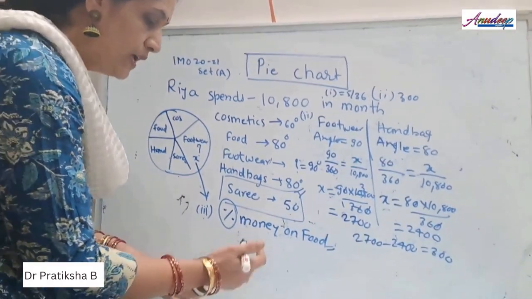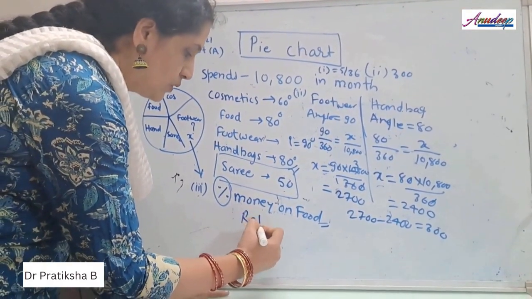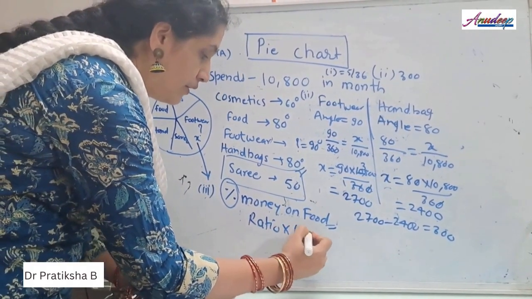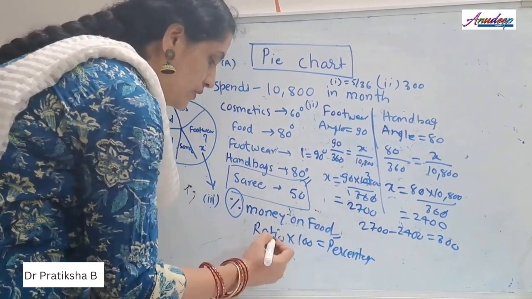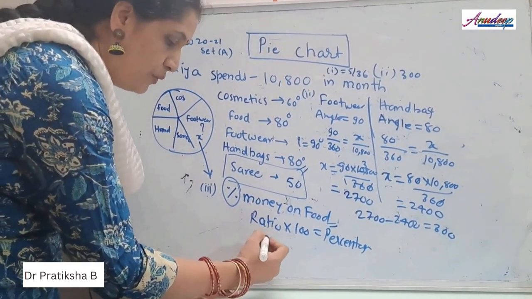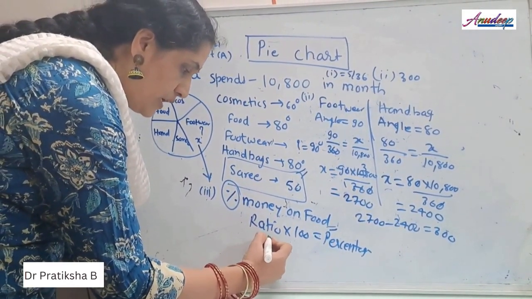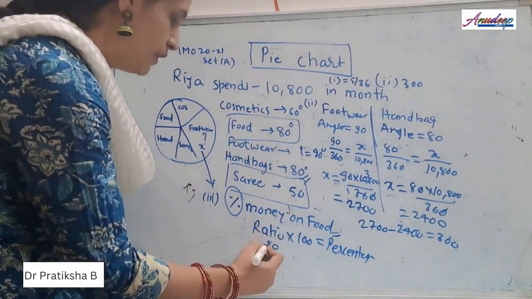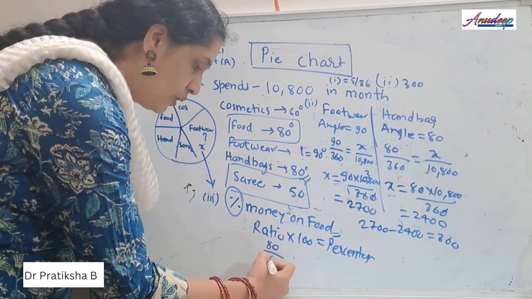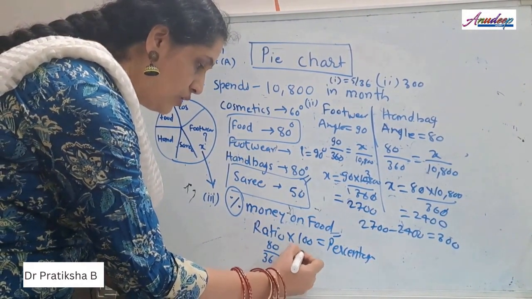Just calculate using the angle. Ratio into 100 will give me the percentage. So the ratio for the angle will be 80, because that is what she is spending on food, 80 upon total angle 360 into 100.